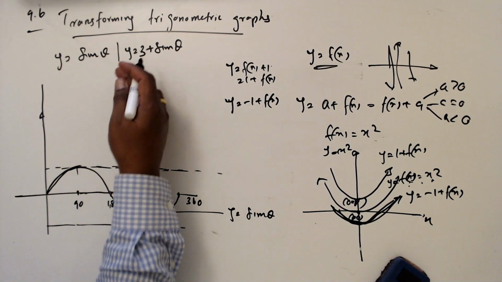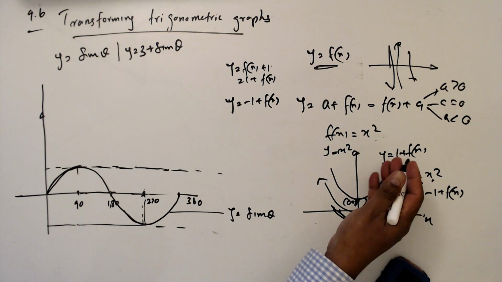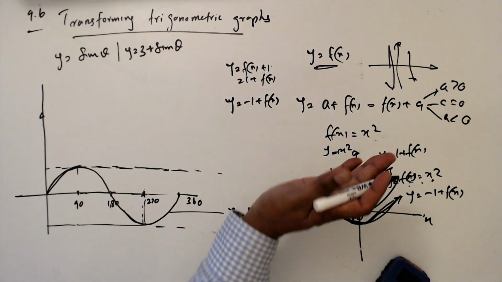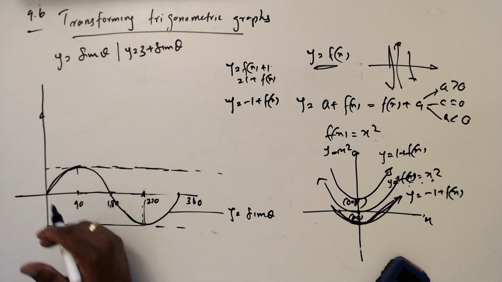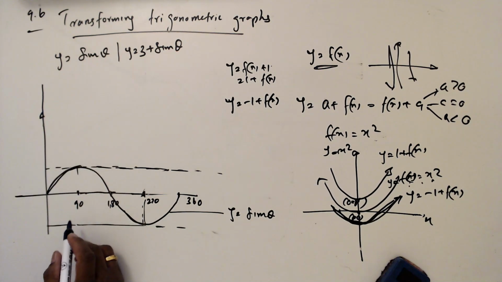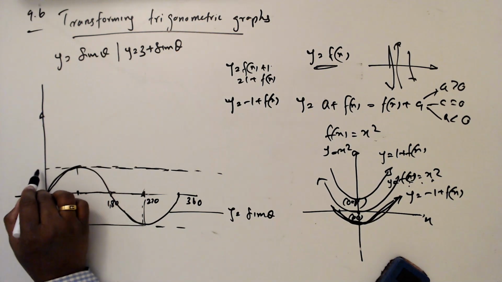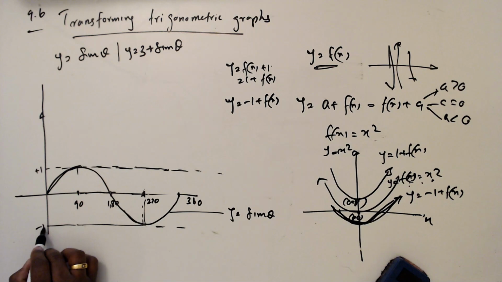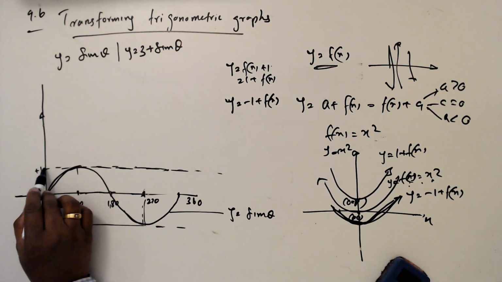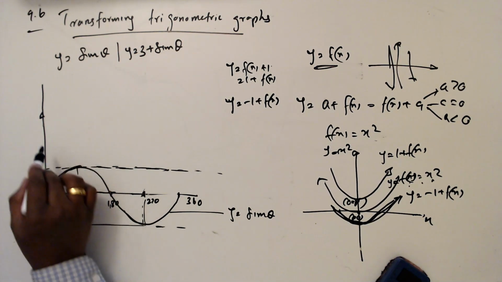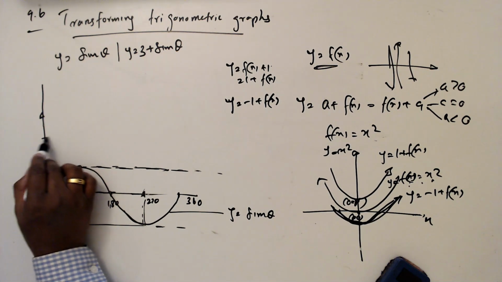It means I have to shift like this. 1 plus means I shift by 1, which means I have to shift this whole setup by 1. We know that this is the plus 1 line and this is the minus 1 line.